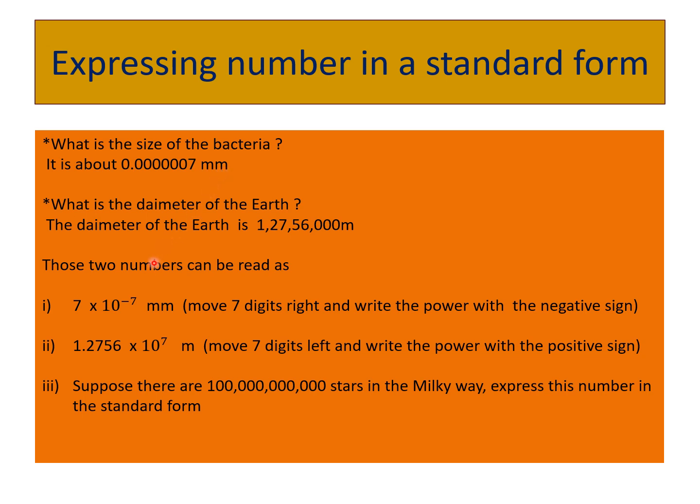Okay, next we will go for the diameter of the earth. How to find that? 1 crore 27 lakh 56,000 meter can be written as 1.2756 into 10 to the power 7 meter. How? Move 7 digits left and write the power with the positive sign. Here we have to move the digits to the left.